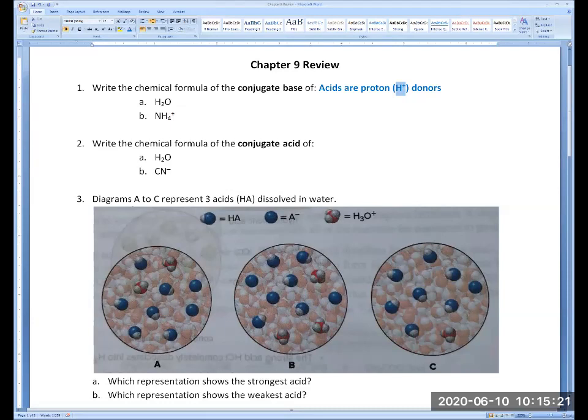So H2O here is an acid, and when it becomes the conjugate base, it's because it has lost the H plus. To find the conjugate base, you want to remove an H plus from the formula of H2O.